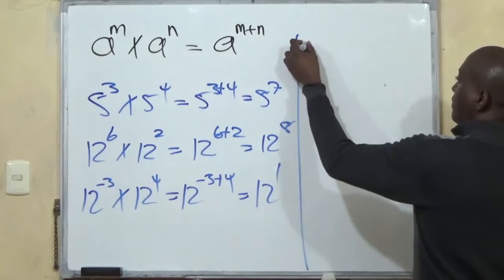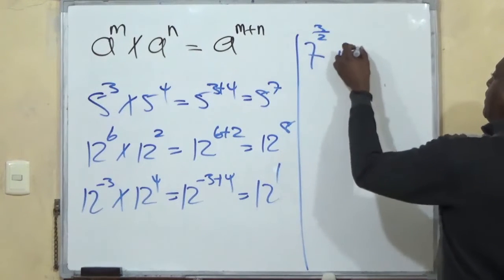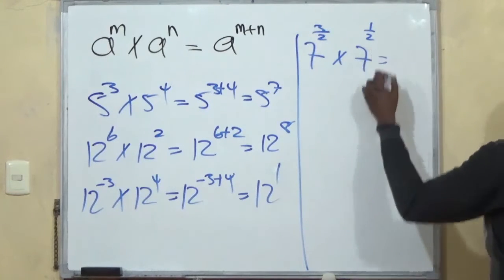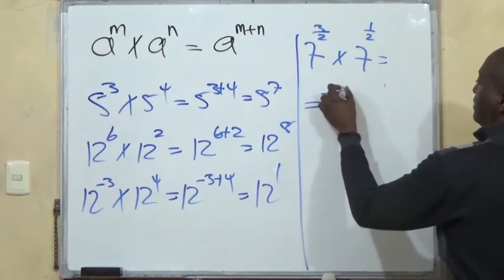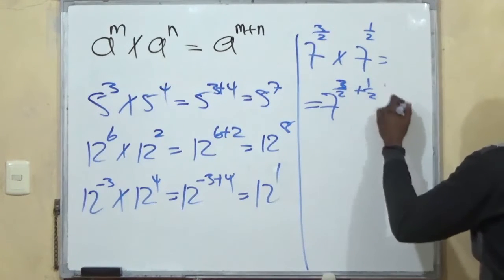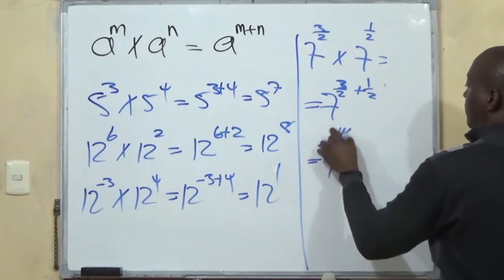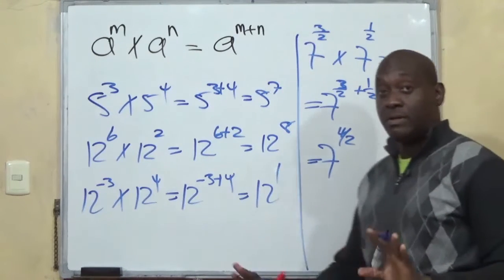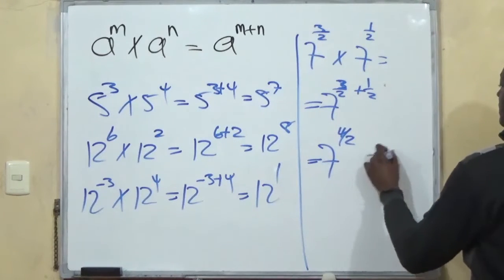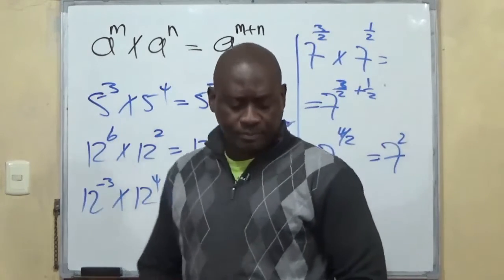If I have 7 to the power of 3 over 2 multiplied by 7 to the power of a half, that is equal to 7 to the power of 3 over 2 plus a half. 3 over 2 plus a half is 4 over 2, so 7 to the power of 4 over 2. I have a separate video on adding fractions too. 7 to the power of 4 over 2 is equal to 7 squared, etc.